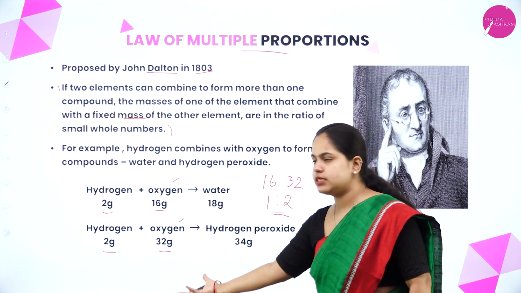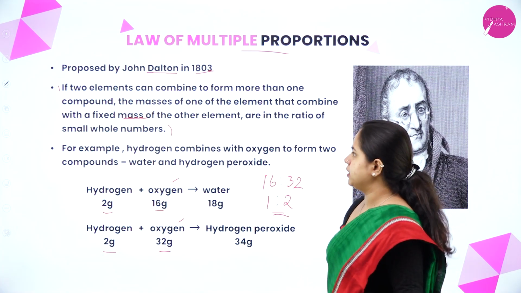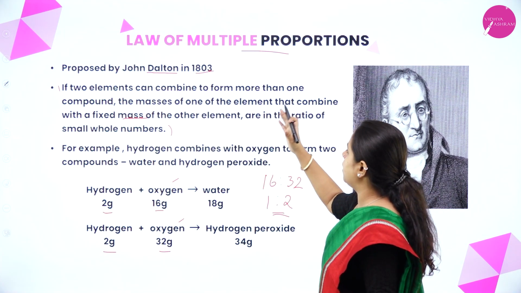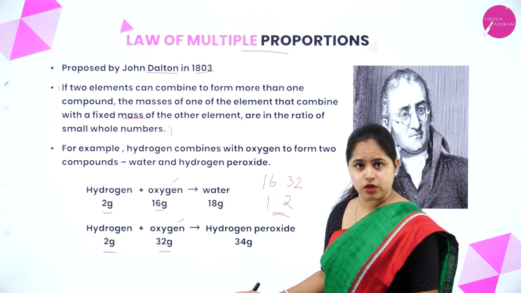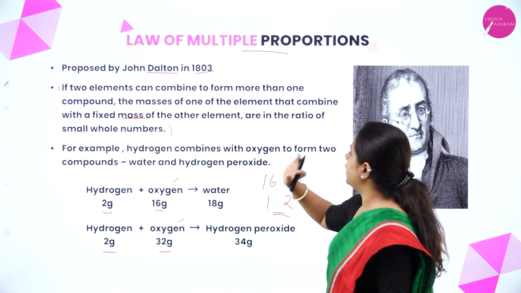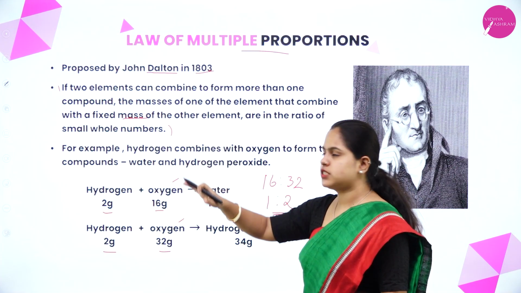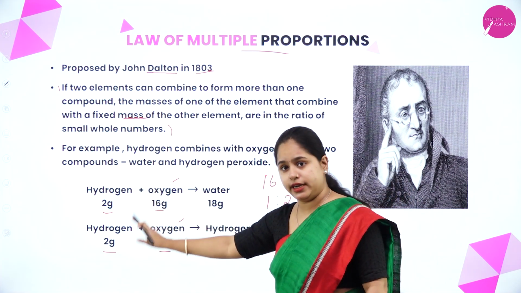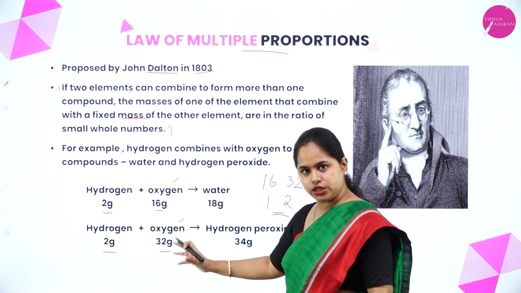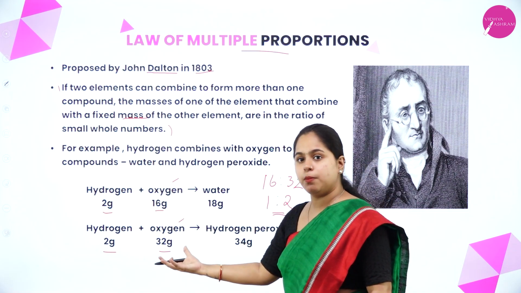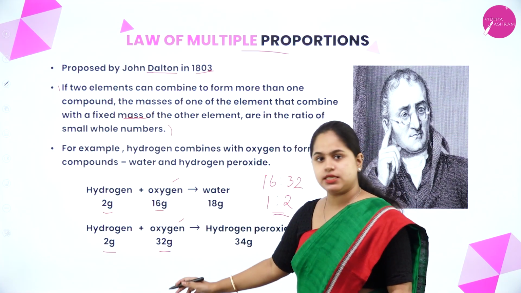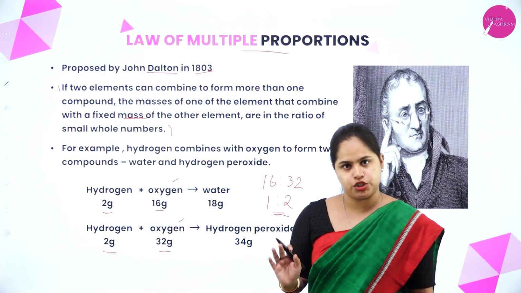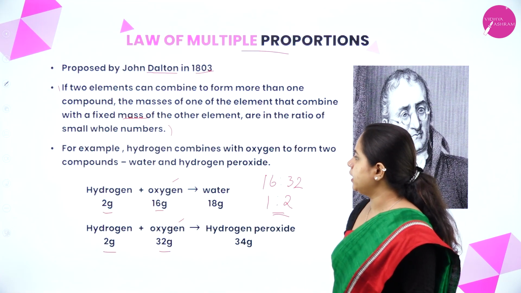So that is what is meant in this statement. That is, if two elements can combine to form more than one compound, as you can see, water and hydrogen peroxide are formed, the masses of one of the elements that combines with the fixed mass, fixed mass here is hydrogen. It combines with oxygen. So the ratio between the masses of the element which is not fixed here will be in a simple whole number ratio. I hope it is clear.